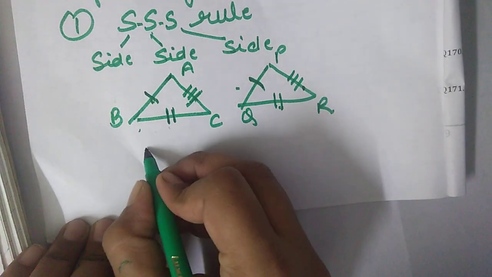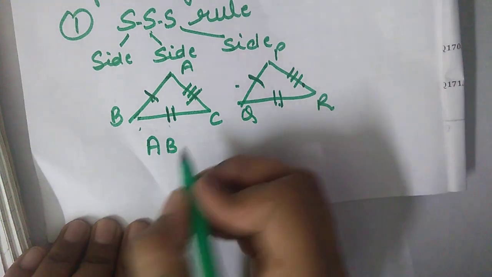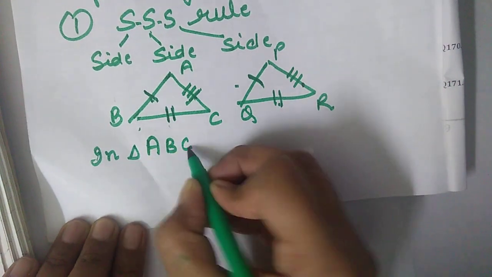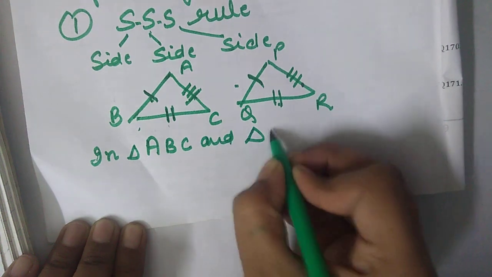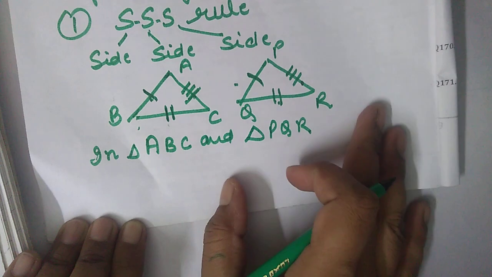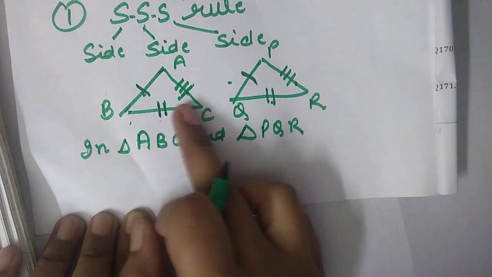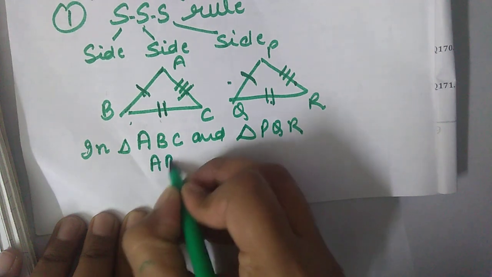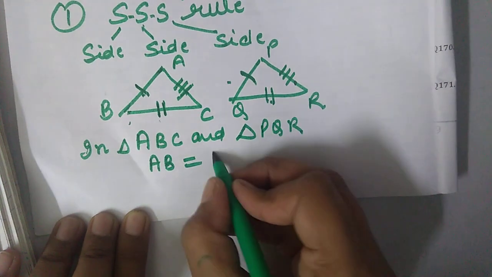So now all the three sides of this triangle are equal to all the three sides of this triangle. Okay, so let us write. First I will write in triangle ABC and triangle PQR, as we are considering these two triangles. AB is equal to what? PQ.